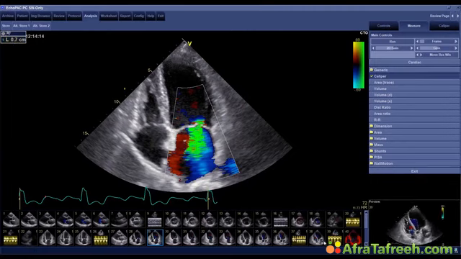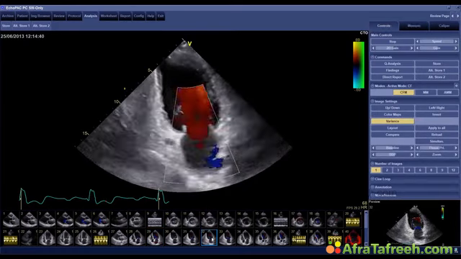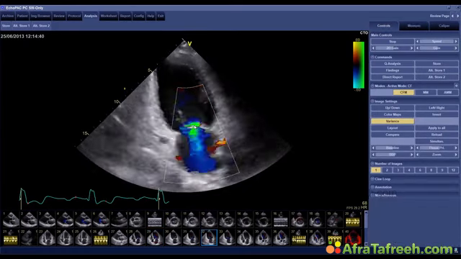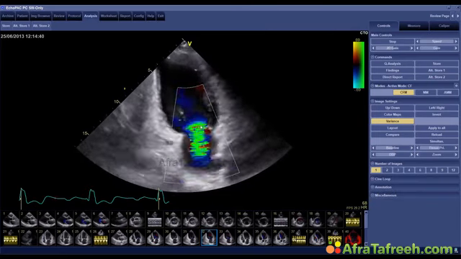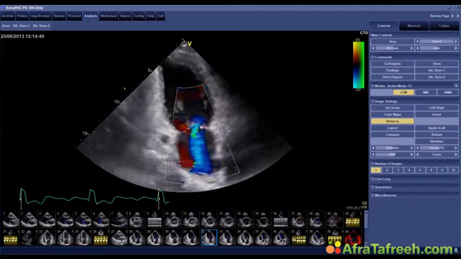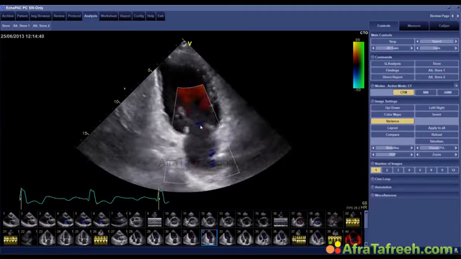And if you look at the regurgitation here in a short axis in a two-chamber view, you will see that it is even bigger. This is very typical for a special form of regurgitation, which I'll be talking about later.